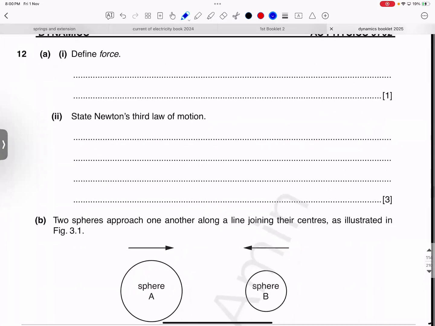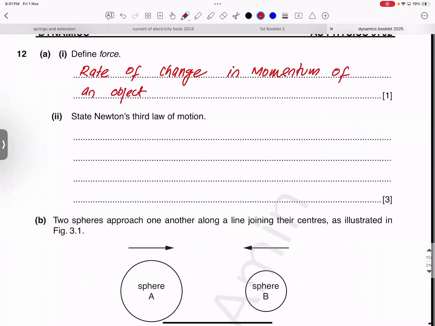Question 12. Define force. The rate of change in momentum of an object. You can write third law in terms of momentum or force. I will go for force.